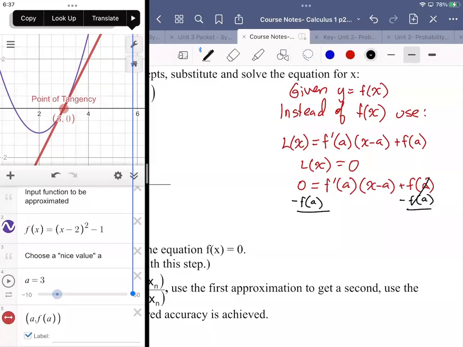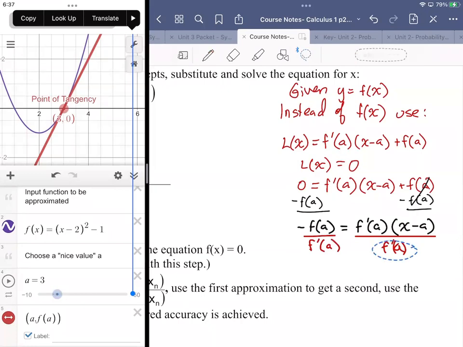So I'd get negative f of a is equal to f prime of a times x minus a. Then I would divide both sides by f prime of a. Which would, in effect, cause a cancellation.